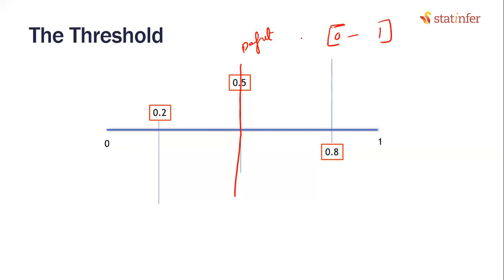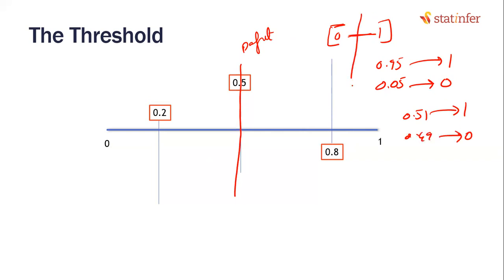That will be the output of a logistic regression line. Now it will simply be rounded off. If the predicted value is 0.95, the class will be 1. If the predicted value is 0.05, the class will be 0. If the predicted value is 0.51, the class will be 1. 0.49, the class will be 0. It is 0.5 by default.